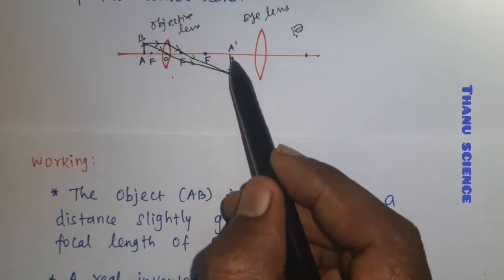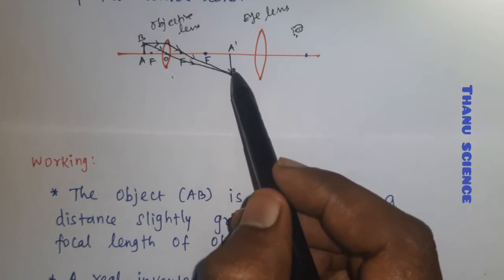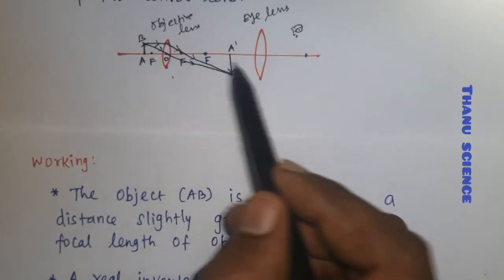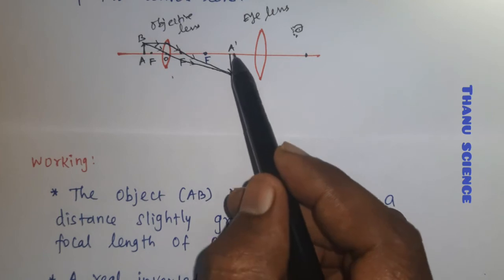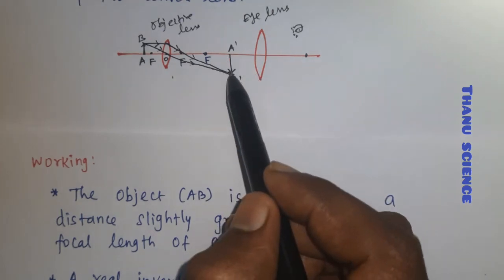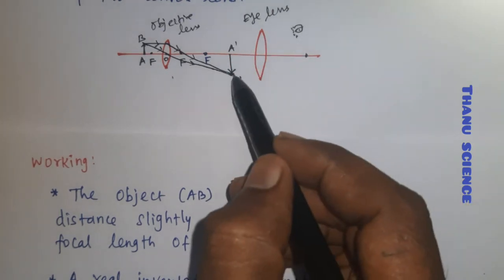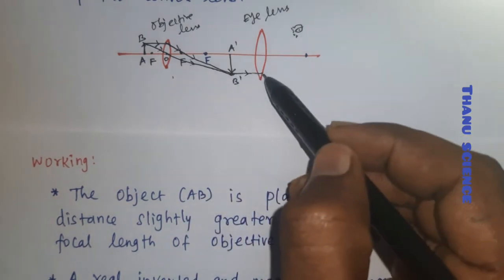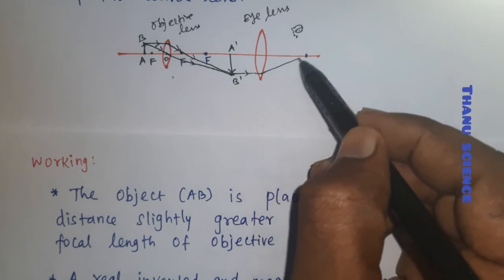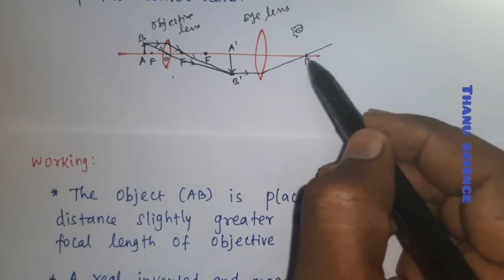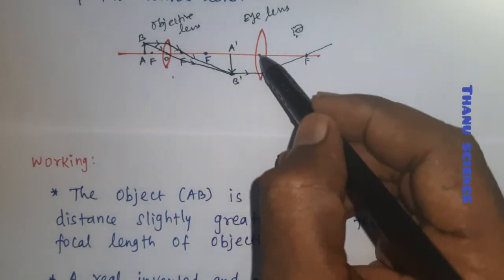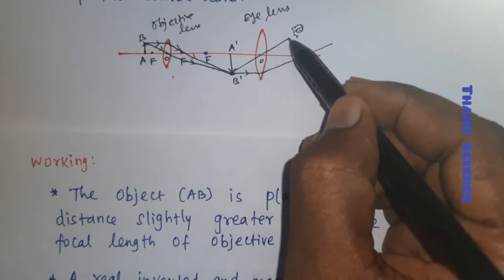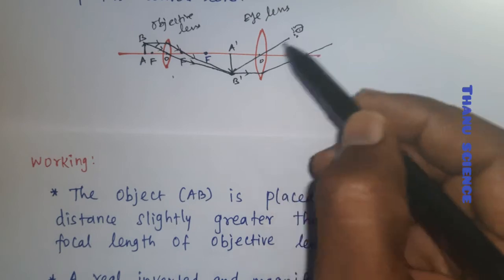This image acts as an object to the eye lens. This is a ray parallel to the principal axis. After refraction, it will pass through the principal focus of the eye lens. Then one more ray, passing through the optic center, won't get any deviation.